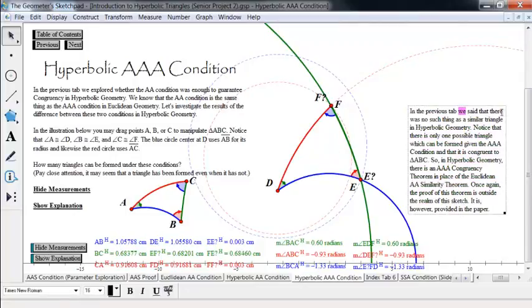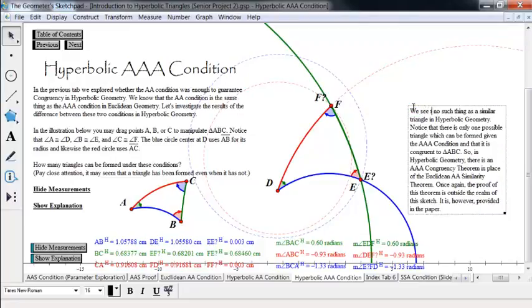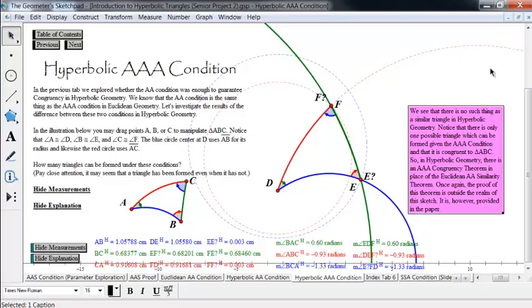I should probably say this. We see that there is no such thing. Okay? And so we get this to work out. Very interesting.